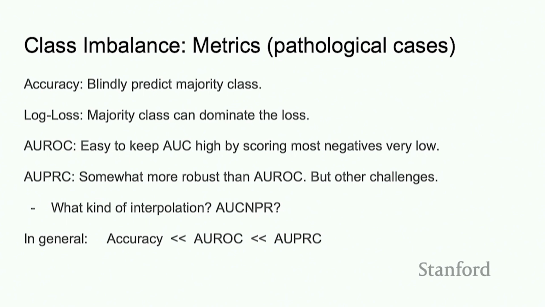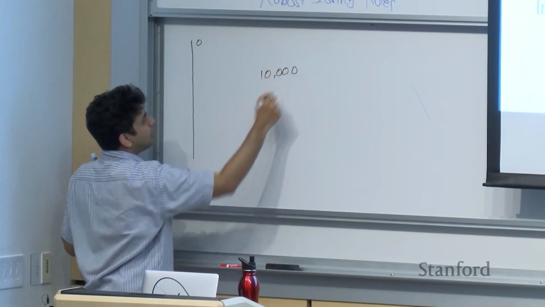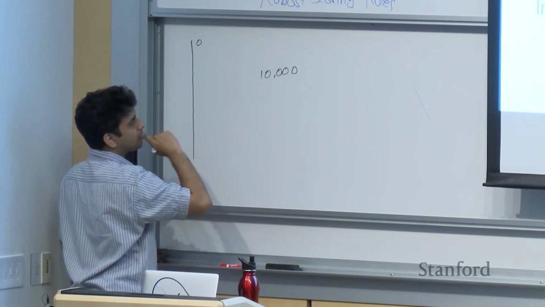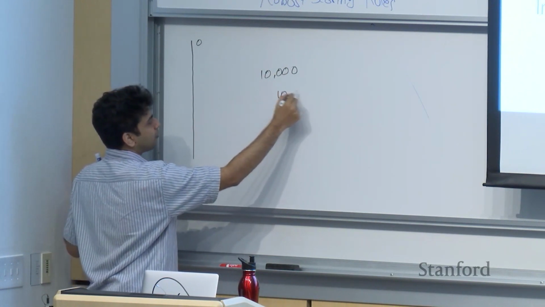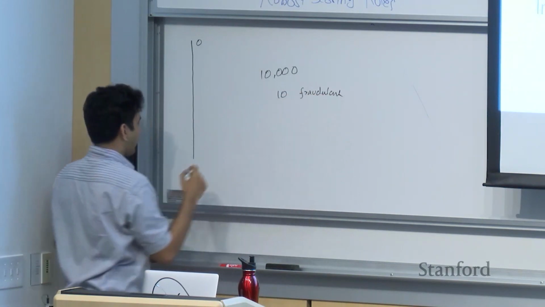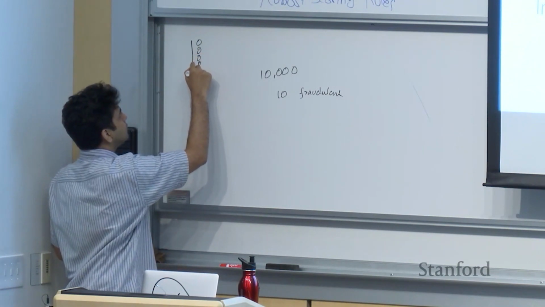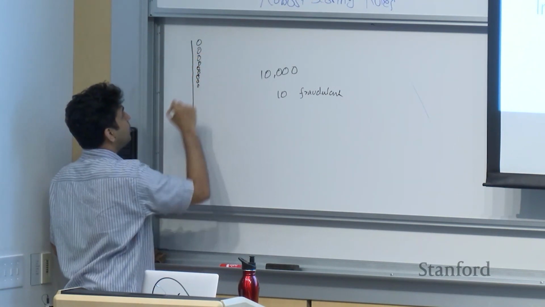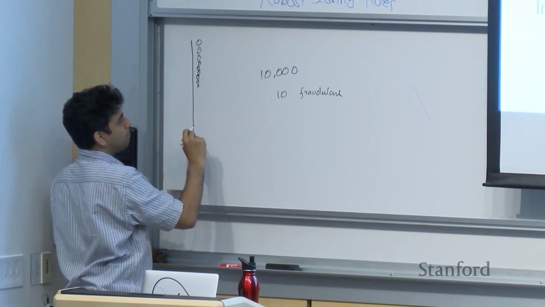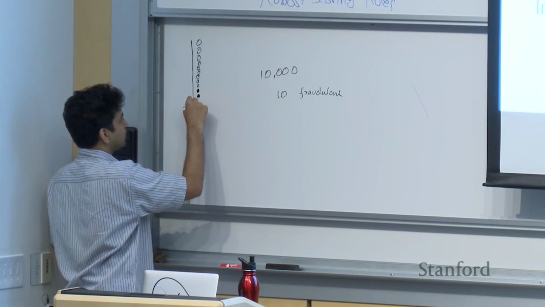So in this scenario, let's say you have 10,000 transactions, and of these, 10 are fraudulent. Let's say the first 10 were all good transactions, and the next 10 were all fraudulent.